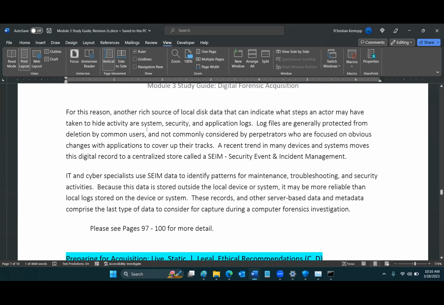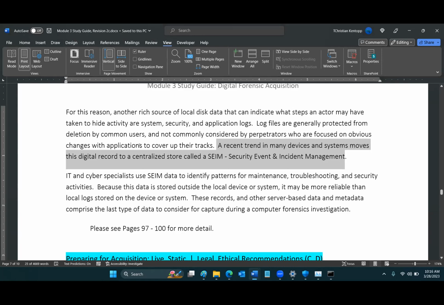So one of the things that you have to do in a corporate or organization, if there is such a thing as a SIEM, everyone, SIEM, Security Event and Incident Management System. It's a centralized store of logs from all devices and systems, right? Or selected devices and systems.